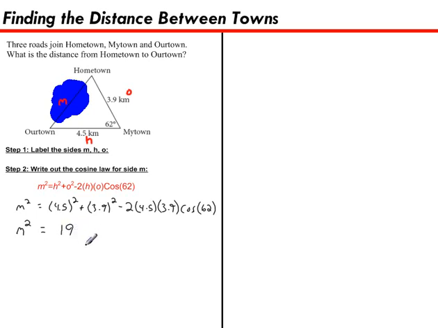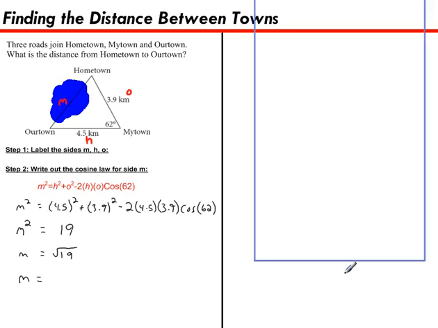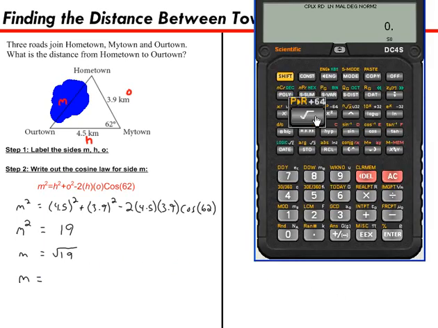Now we're not quite done because nobody cares what M squared is. They want to know what M is. And since M is being squared, I'll do the opposite, which is take the square root. So I need the square root of 19. M is equal to, and then I'll bring in my calculator to perform that operation. I'm looking for the square root button, 19, and hit enter. And I'm going to say 4.4.